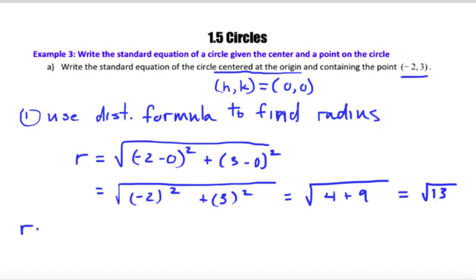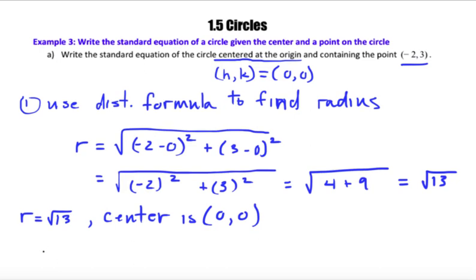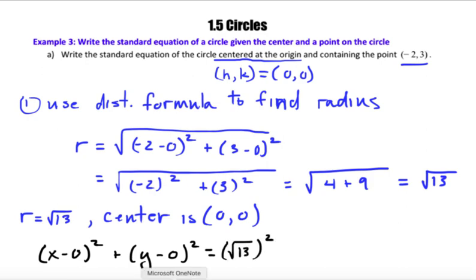So r is the square root of 13, and the center is 0, 0. Our standard form of the equation is going to be x minus 0 squared plus y minus 0 squared equals the radius squared.